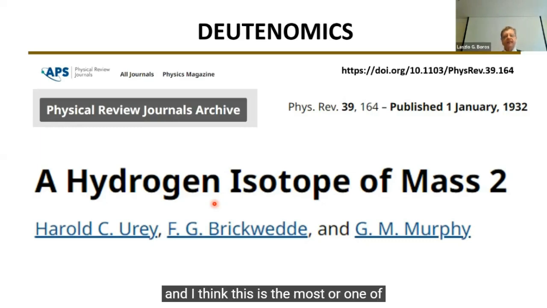And I think this is one of the most important characteristics of this stable isotope of hydrogen: hydrogen being so active in biology and now twice as heavy, twice as large as far as its nucleus is concerned, it definitely makes a big change.